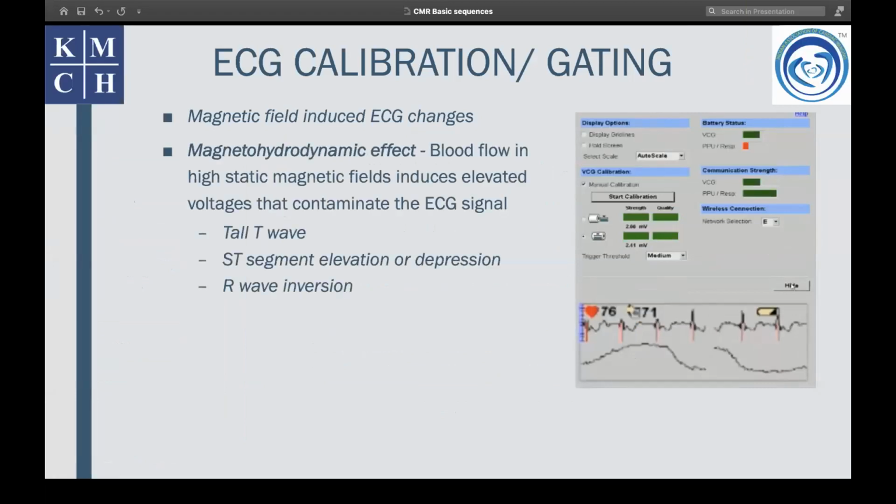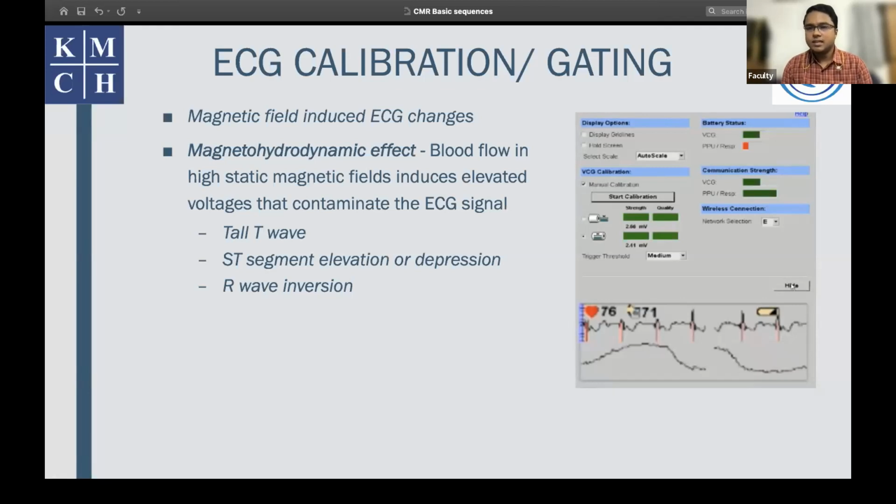So I was talking about ECG calibration and why it is important, because of the phenomenon called the magnetohydrodynamic effect. Blood is a good conductor of electricity, so it is a conducting material. When there is flow of a conducting material in a high static magnetic field, it induces electric current in the conducting material.